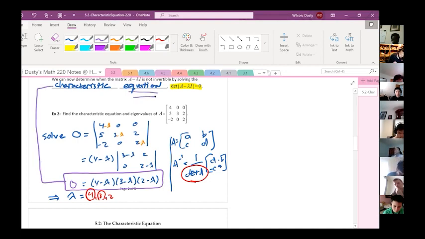What I want to comment on is that this part right here, the blue part, not the equals 0, this is what's called the characteristic polynomial.